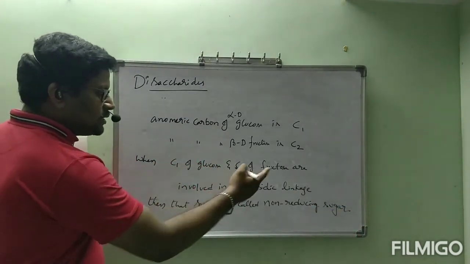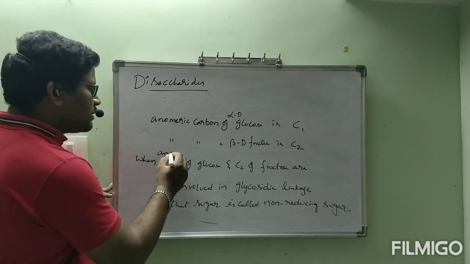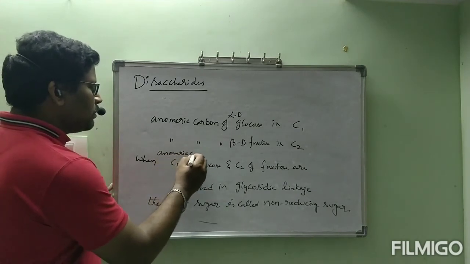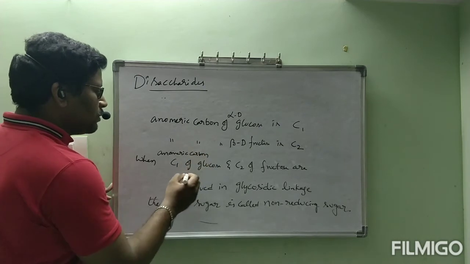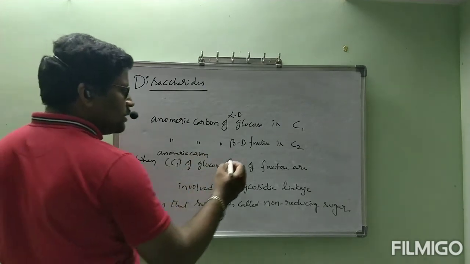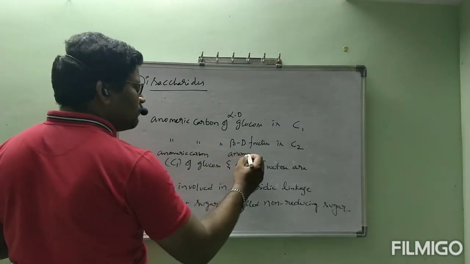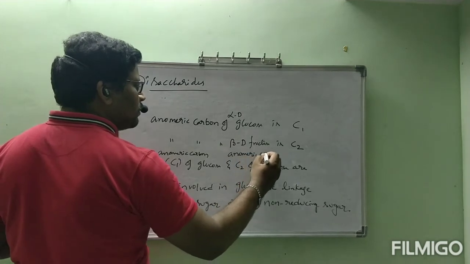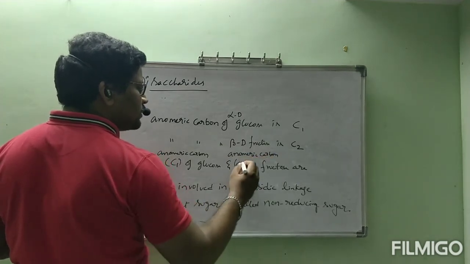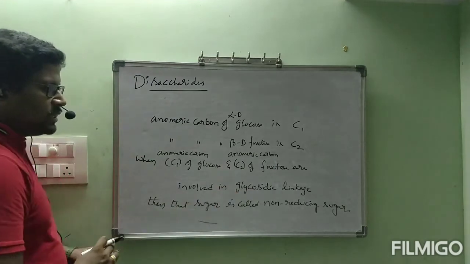That means the anomeric carbon of glucose and the anomeric carbon of fructose are involved in the glycosidic linkage.